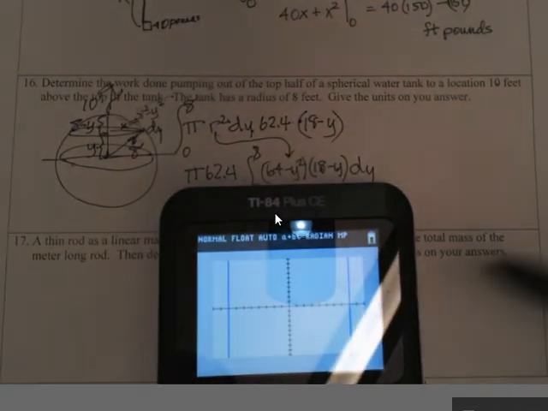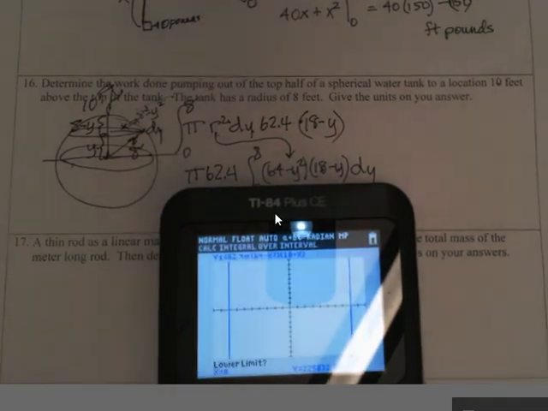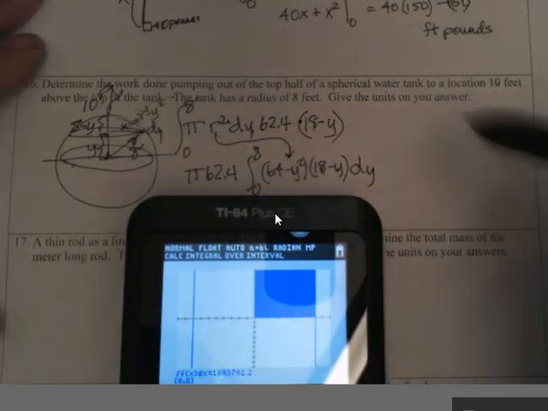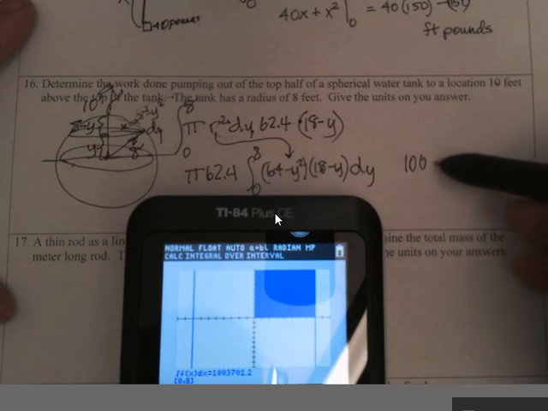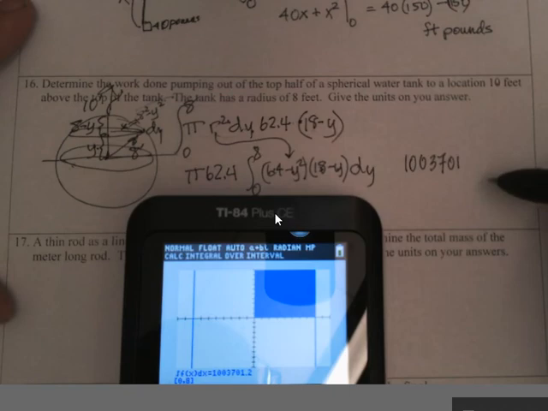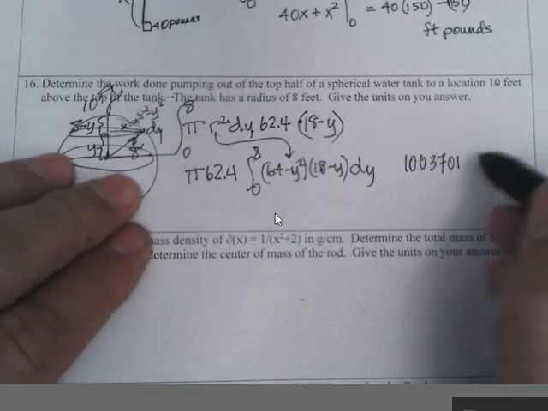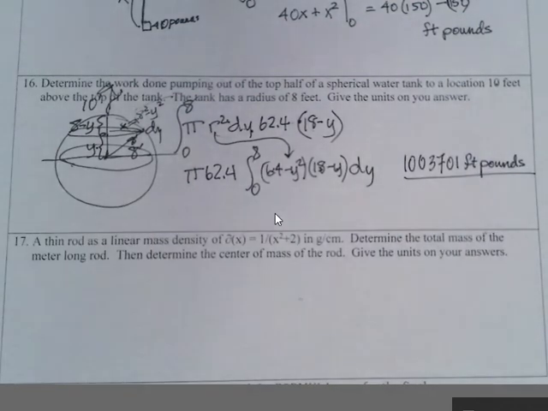The y's are going to be way off the screen, but that's okay. Second, calculate 7 from 0 to 8. And it's going to be 1003701, and this is going to be work in the English system, foot pounds.